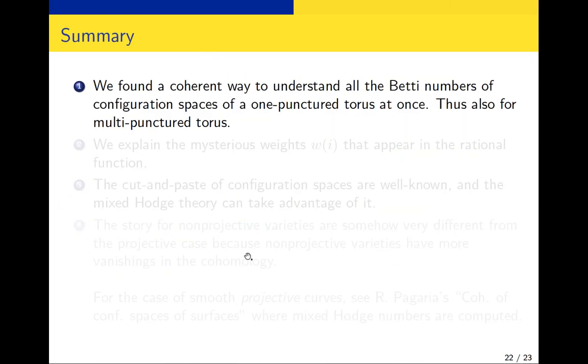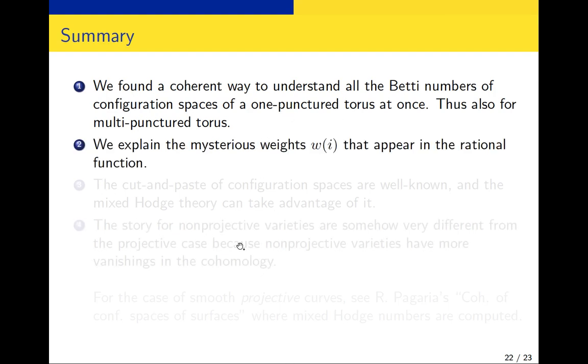Okay, so, final summary. We find a coherent way to understand all the Betti numbers, and also for the multi-punctured torus, just given the one-punctured case. We explain the mysterious weights W_i that appear.